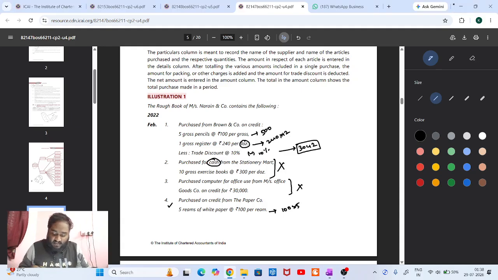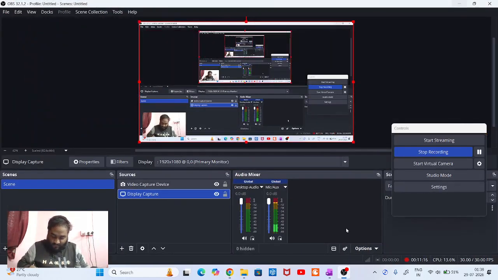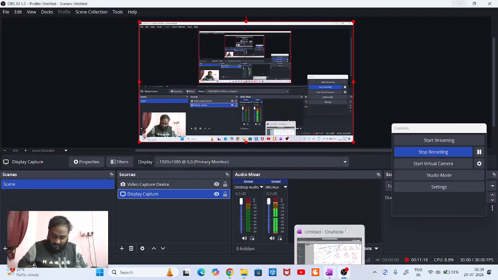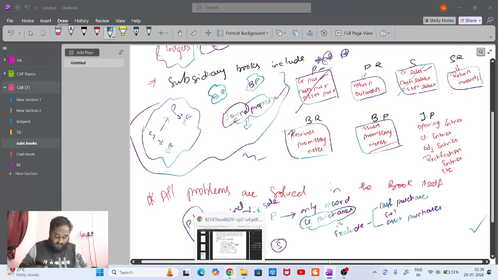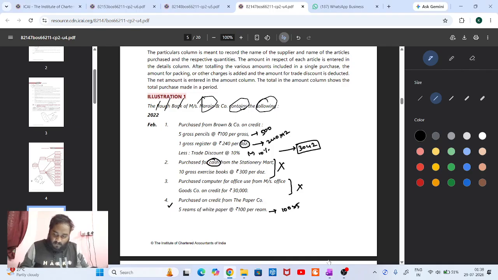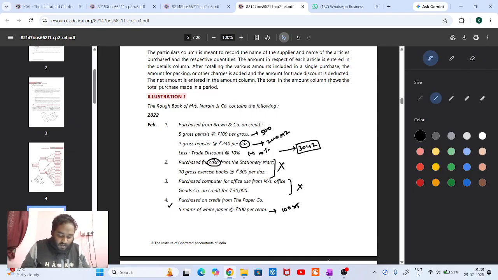So basically, I solved this. Okay. So the rough book of so and so contains the following.